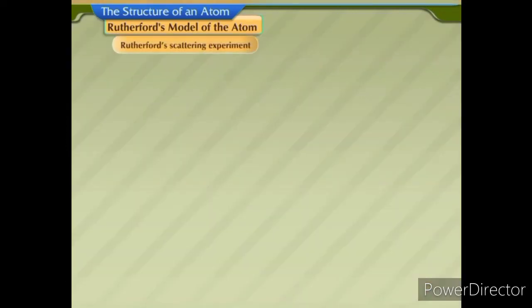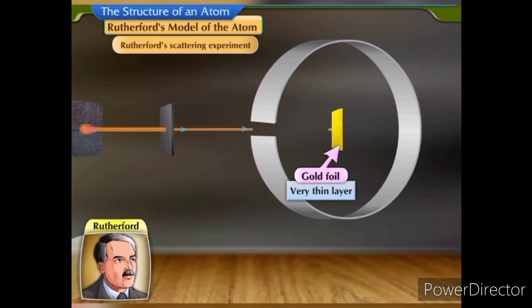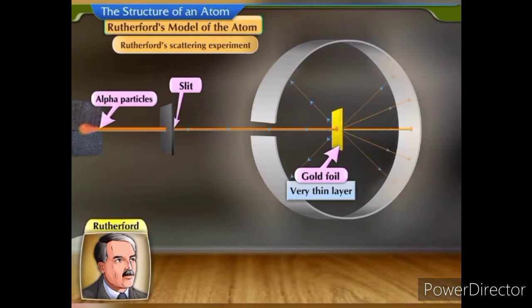Rutherford's scattering experiment. Rutherford selected a gold foil as he wanted a very thin layer. In his experiment, fast-moving alpha particles were made to fall on a thin gold foil.